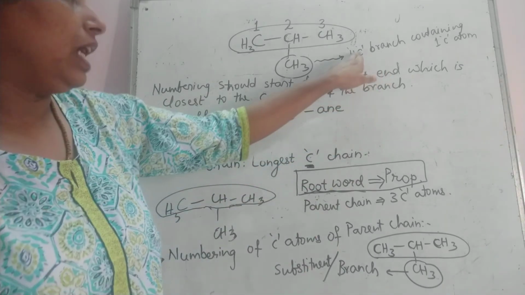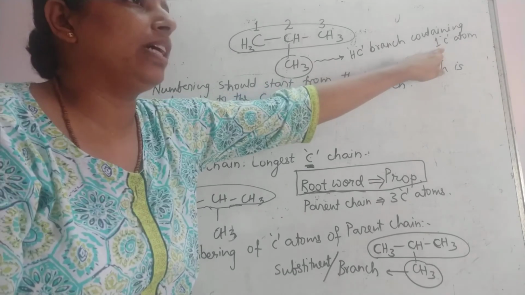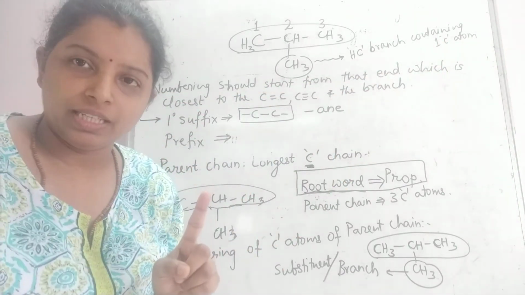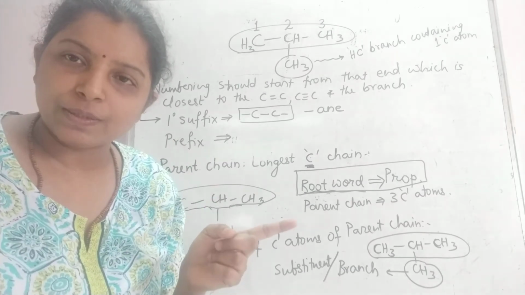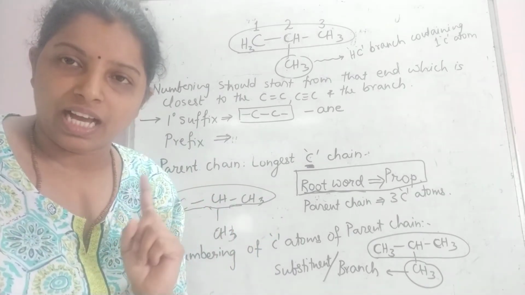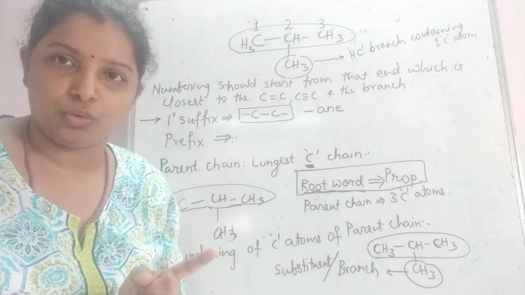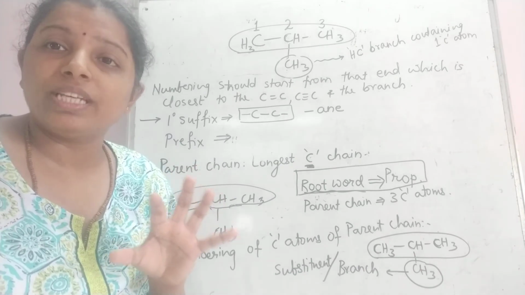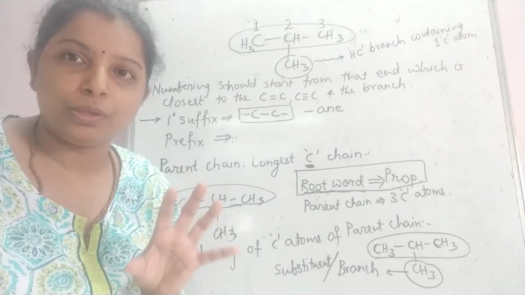देखो, हाइड्रोकार्बन ब्रांच कंटेनिंग वन कार्बन एटम, वन कार्बन एटम के लिए रूट वर्ड क्या है? मिथ है, और क्योंकि ये ब्रांच है इसको कहेंगे मिथाइल. मिथ आइल, अल्क आइल, अल्काइल ग्रुप. हाइड्रोकार्बन ब्रांचेस आर ऑलवेज अल्काइल ग्रुप्स, मिथाइल ग्रुप.